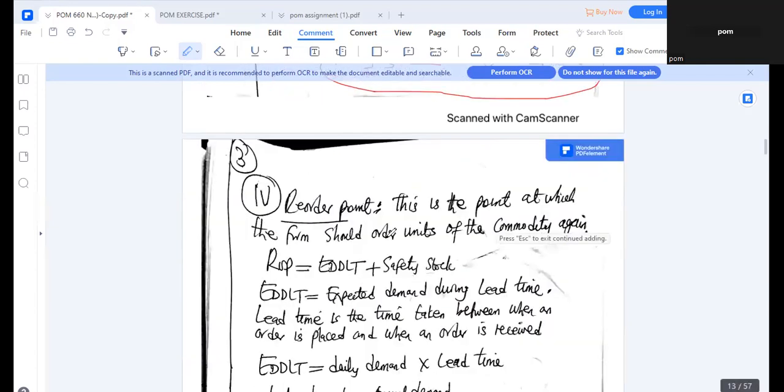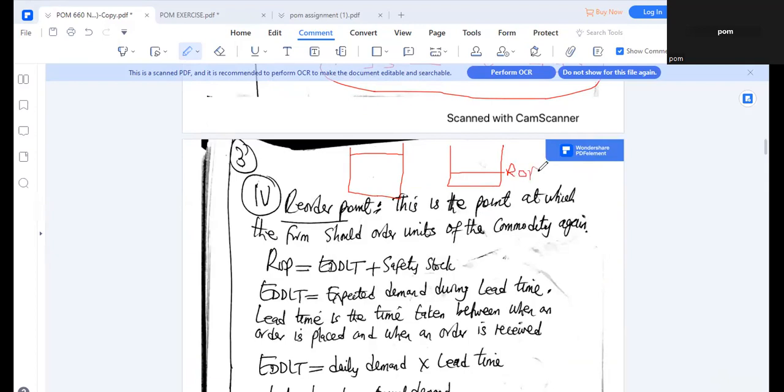Then we go to the order point. This is the point at which the firm should order units of the commodity. Again, you don't have to wait for the mini meal to finish completely before you order another bag of mini meal. So if you ordered and this is what you have, your order point will be at this level because you're almost running out of stock.